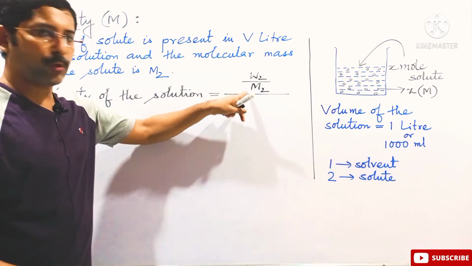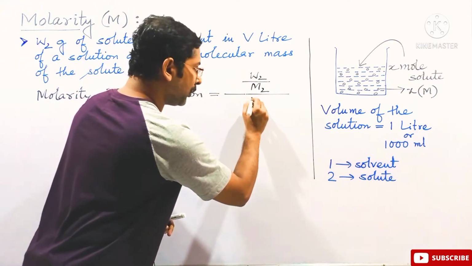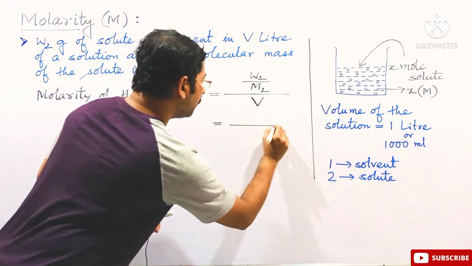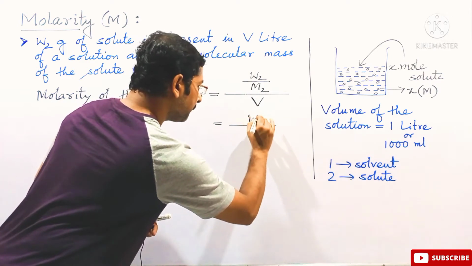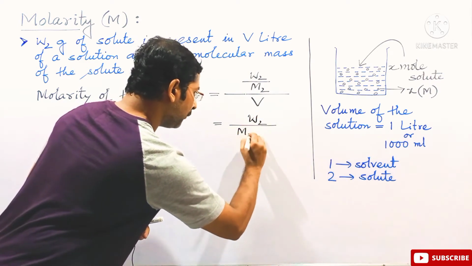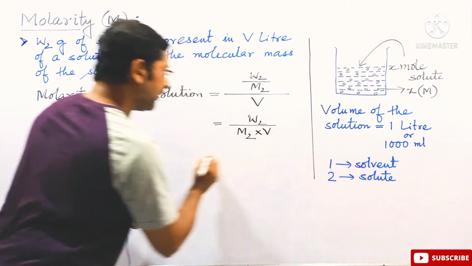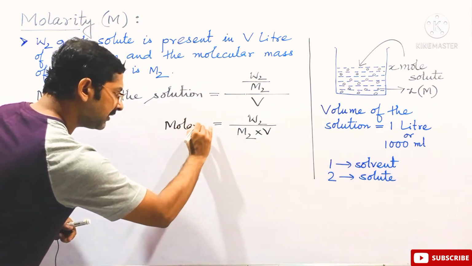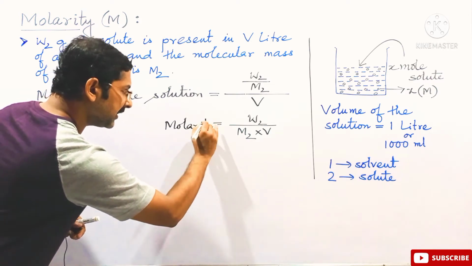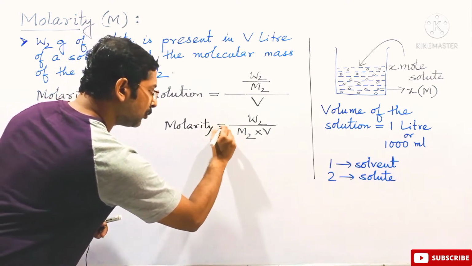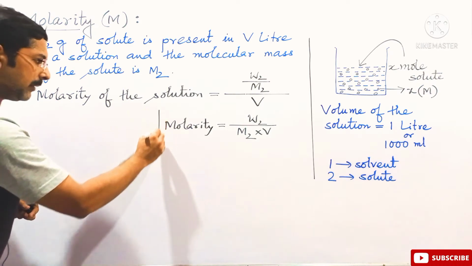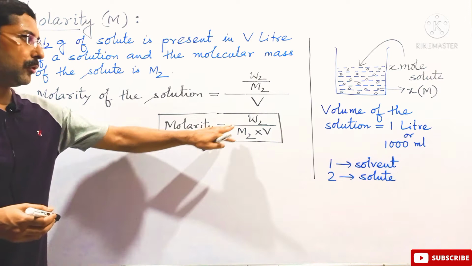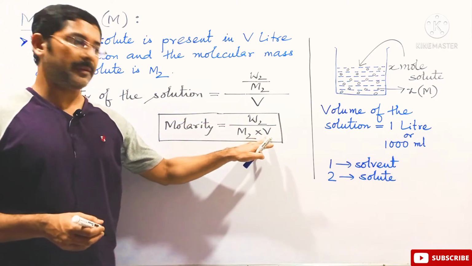So this is W2 divided by M2 into V. This is the general expression of molarity of a solution, right? Molarity equals W2 divided by M2 into V.